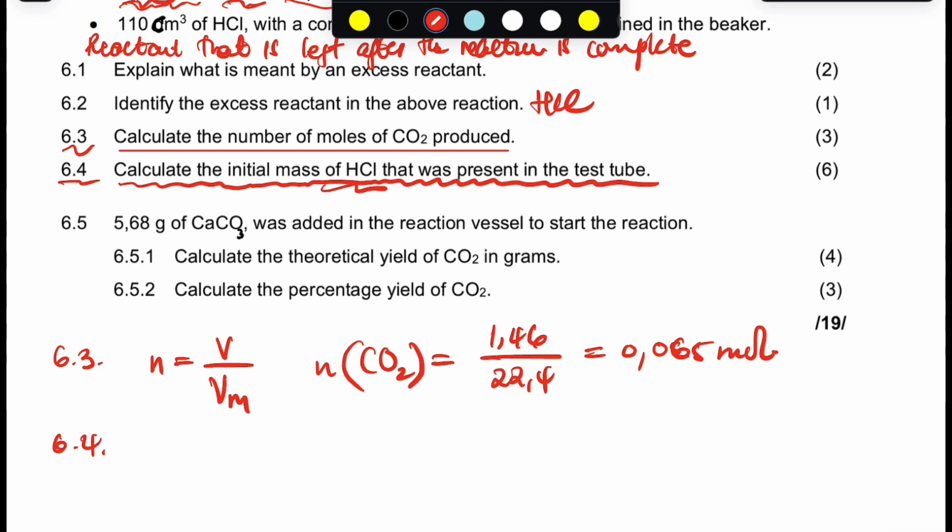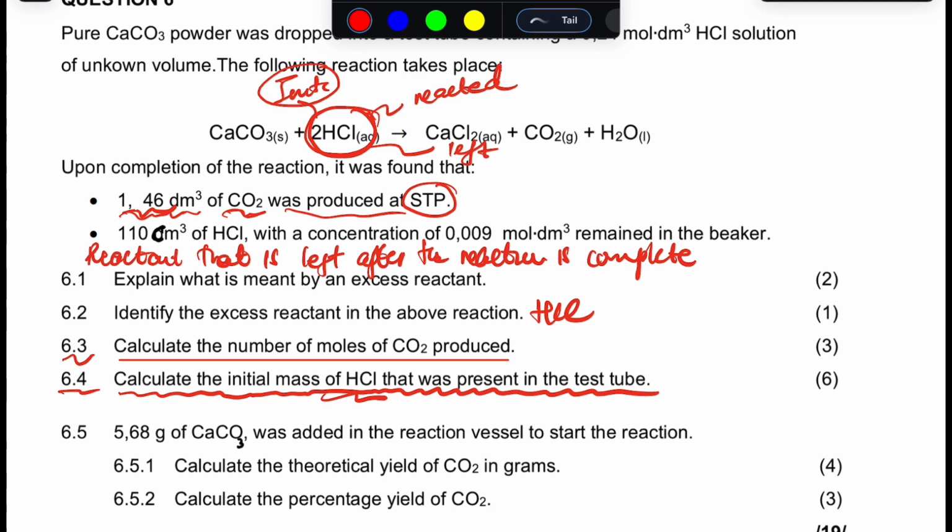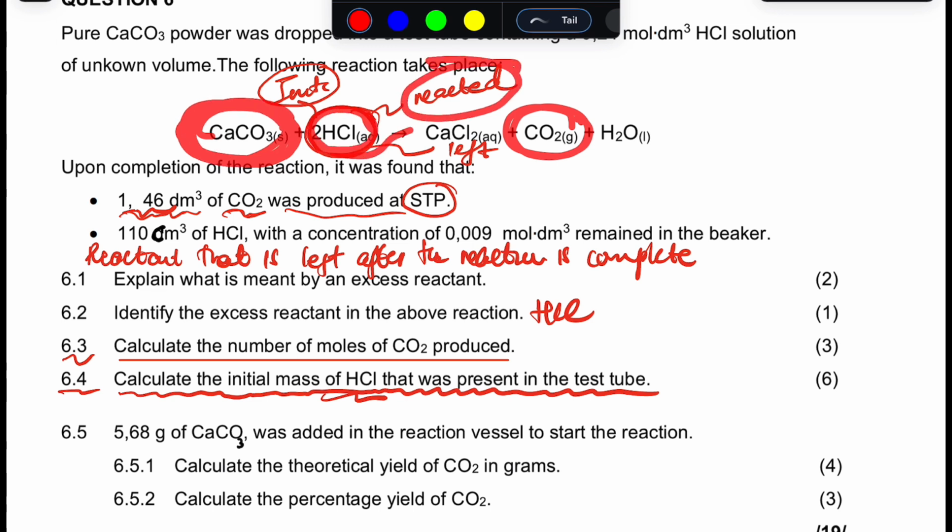Since we know the carbon dioxide that is going to be produced, it can easily give us the number of moles of calcium carbonate that is going to react. Then we add the remaining amount, and it gives us the initial.